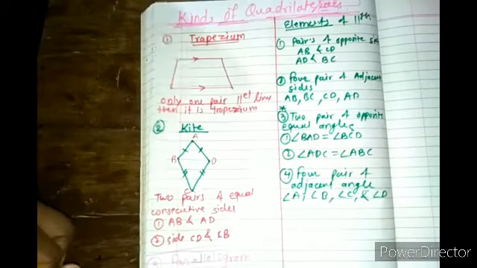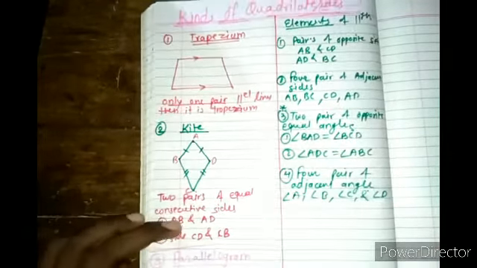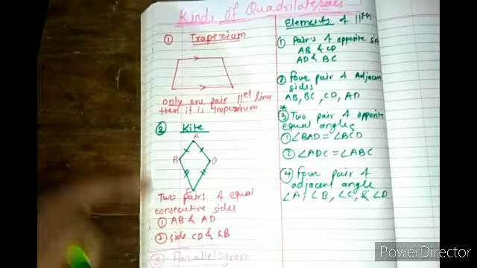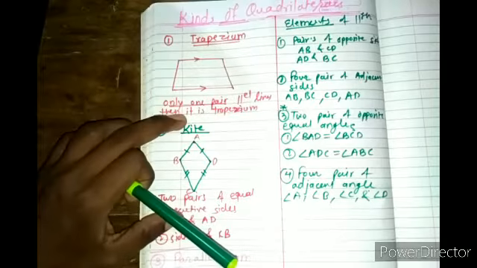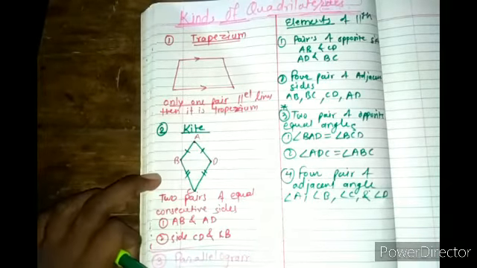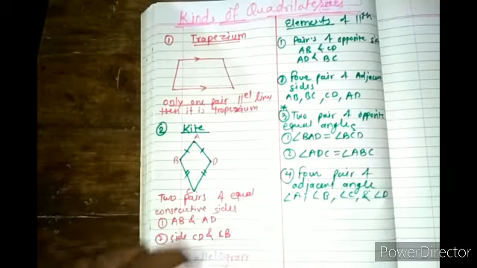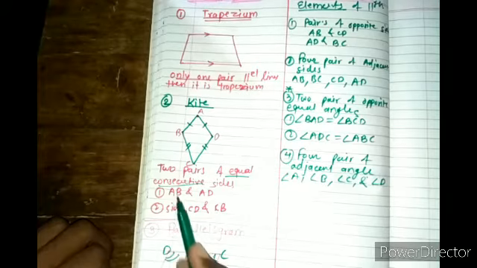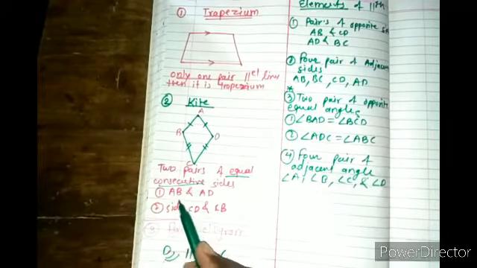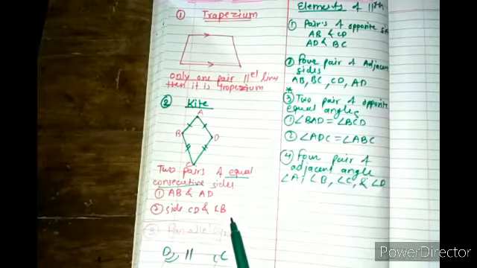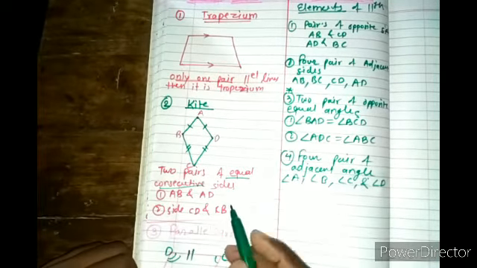So in this way, students, we have learned about three types of quadrilaterals. Trapezium has only one pair of parallel lines. Kite has two pairs of equal consecutive sides; in that diagram, AB and AD, and the second pair CD and CB.